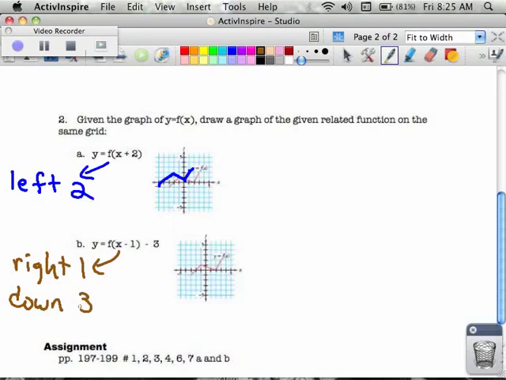So to the right 1 and down 3 is over here. To the right 1 and down 3 is over here. To the right 1 and down 3 is over here. And right 1, it's hard for me to see, I'm sorry. Right 1 and down 3 looks like it's over here. And so my new graph looks like this. Everything moved to the right 1 and down 3.